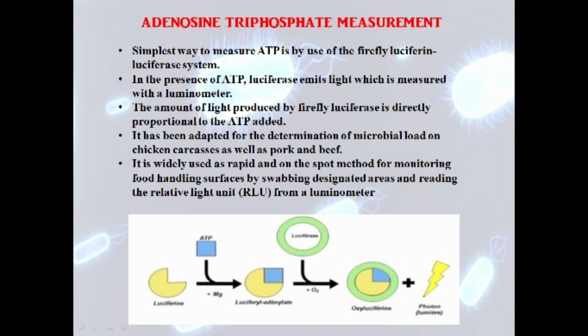It has been adapted for the determination of microbial load on chicken carcasses as well as pork and beef. It is widely used as a rapid and on-the-spot method for monitoring food handling surfaces by swabbing designated areas and reading the relative light units from a luminometer.